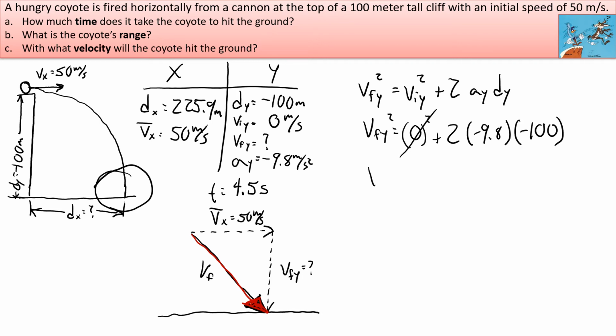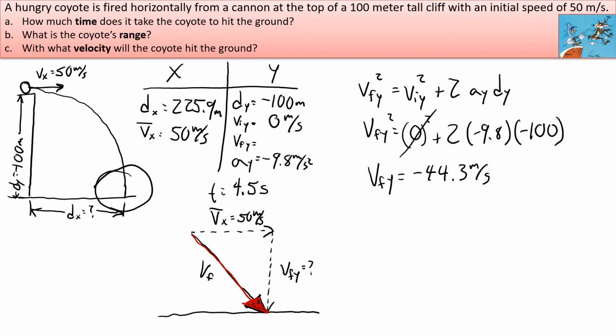And you get VFY, remember to take the square root, and you get 44.3 when you round it, meters per second. And remember that final velocity is pointing downward, so when you take the square root, you just make that negative. So we can now plug that in.